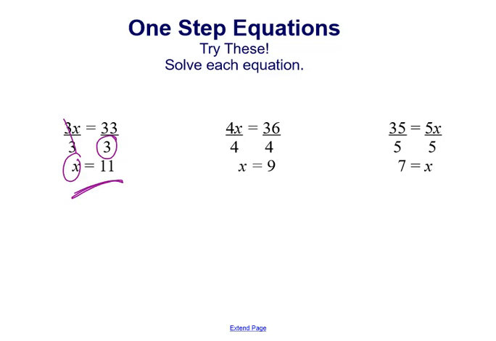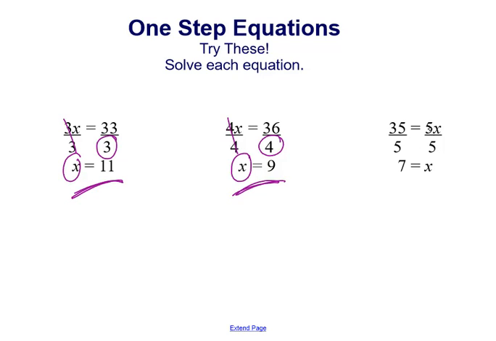In the second equation, we were multiplying by 4 currently with the equation, so we had to divide by 4 to undo it. So that gave us the variable x isolated alone on the left side of the equation. And because we divided by 4 on the left, we also had to divide by 4 on the right. 36 divided by 4 gave us 9, making the solution to the second equation x equals 9.